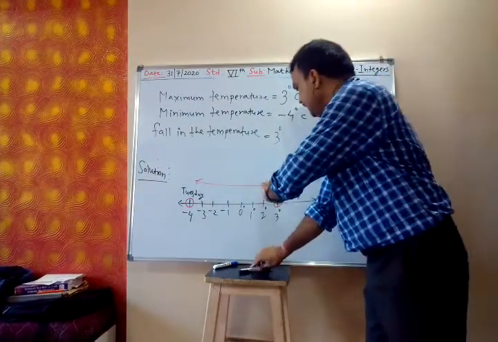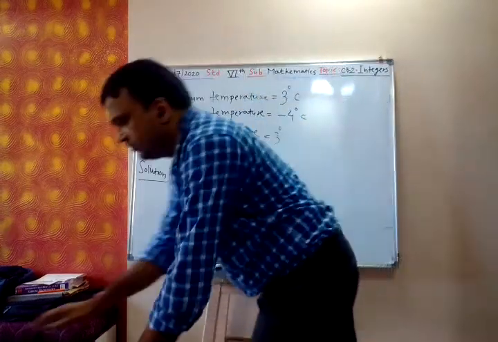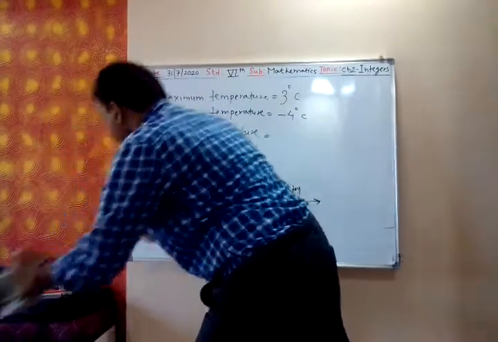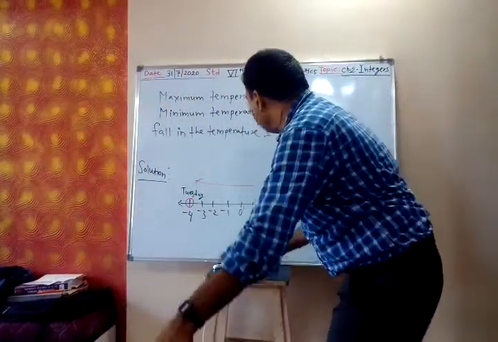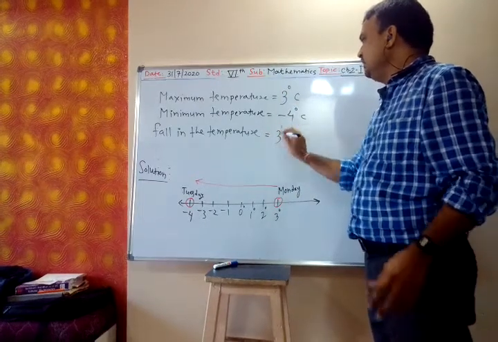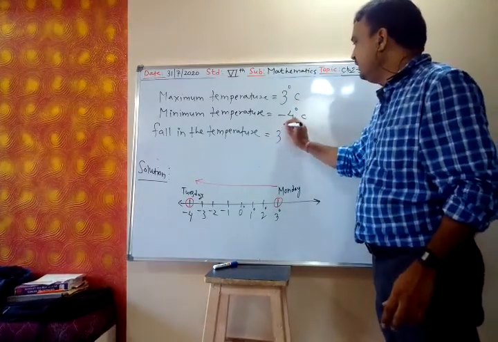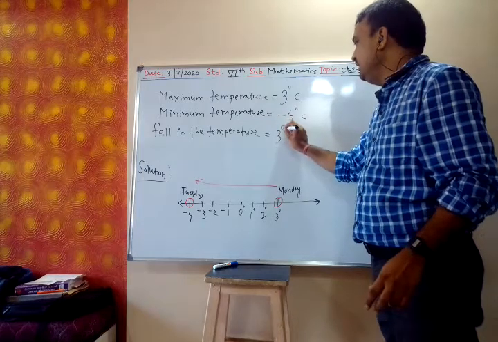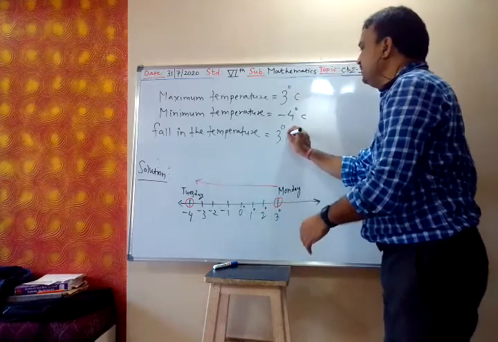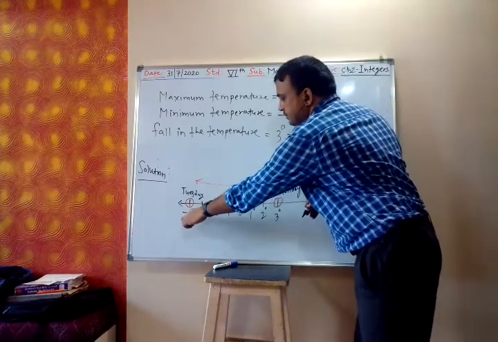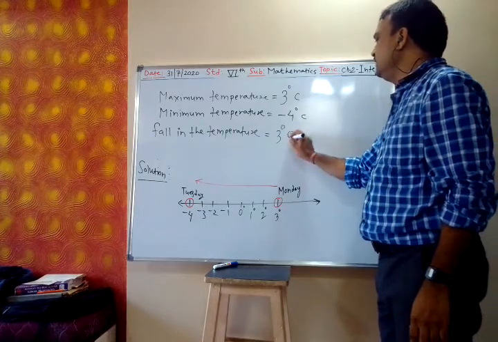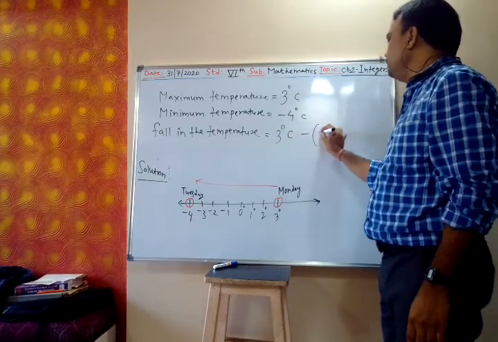Now see here, from 3 degree, in which direction are we moving? Whenever you move to the left side, there will be a minus sign. Then which number is there? -4. So 3 degrees Celsius minus -4 degrees Celsius.